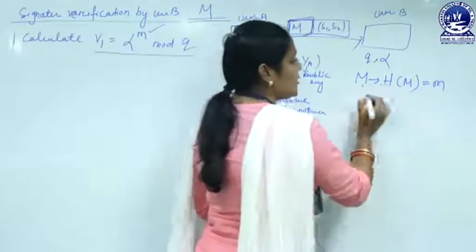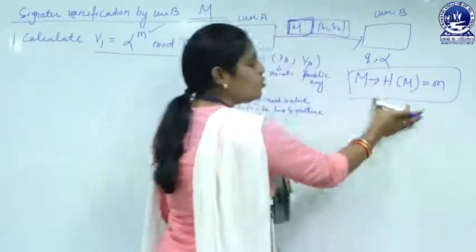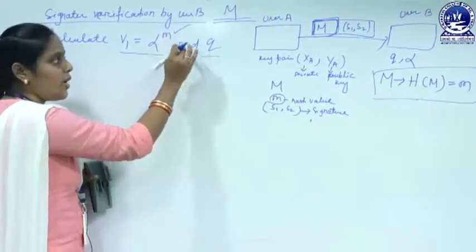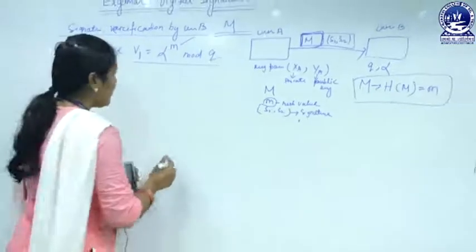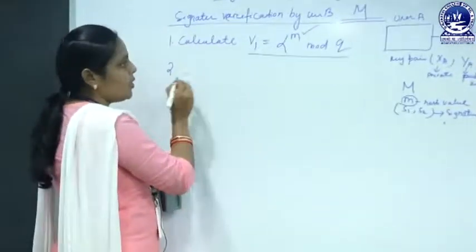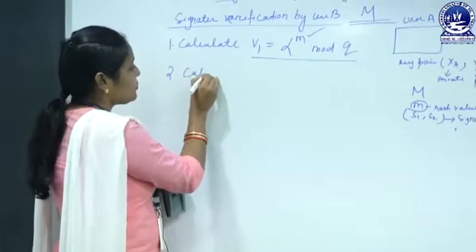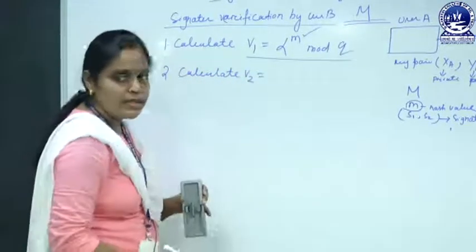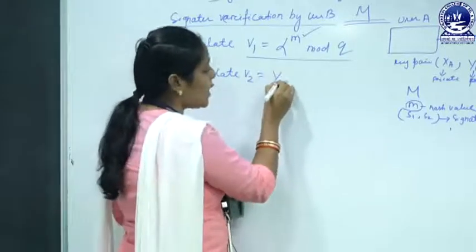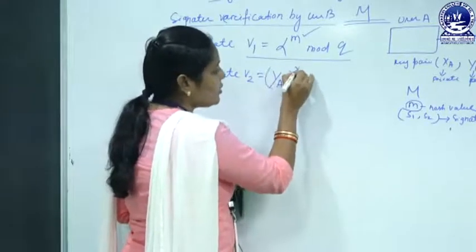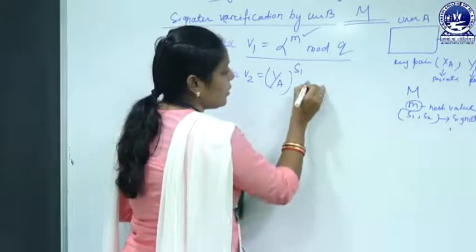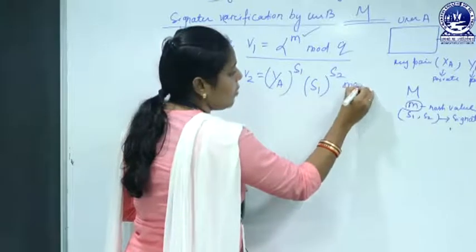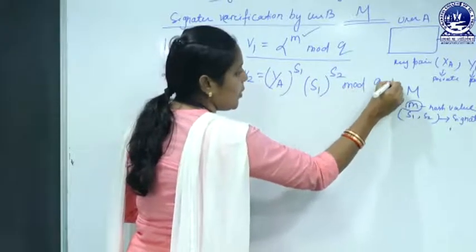After calculating this value, the user B calculates V1, which is equal to alpha to the power m mod q. Then in the second step, the user B calculates V2, which is equal to YA to the power S1, times S1 to the power S2, mod q. Sorry, here mod q.